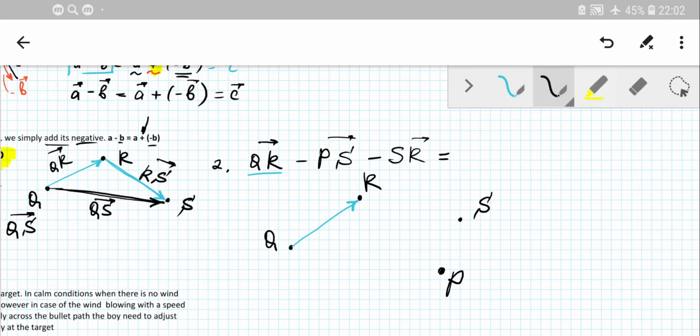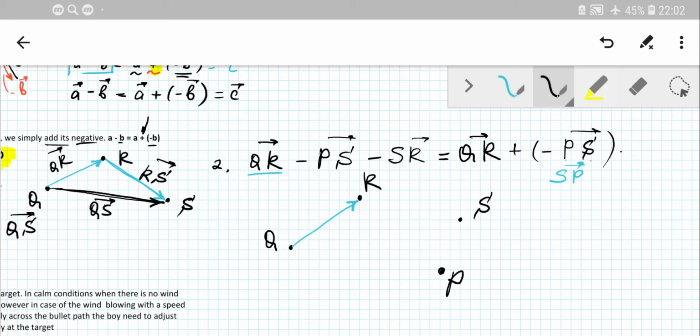Then instead of subtracting PS, I'm going to add vector RS, because look, one more time, QR, I'm adding vector negative PS, but this means that we can swap the points and say, okay, we add simply vector SP instead. So that expression in brackets, negative PS is equal to SP, all right?